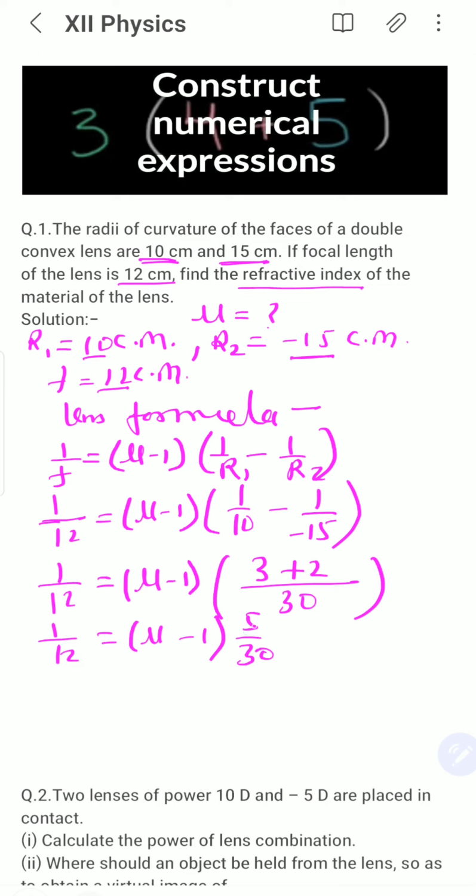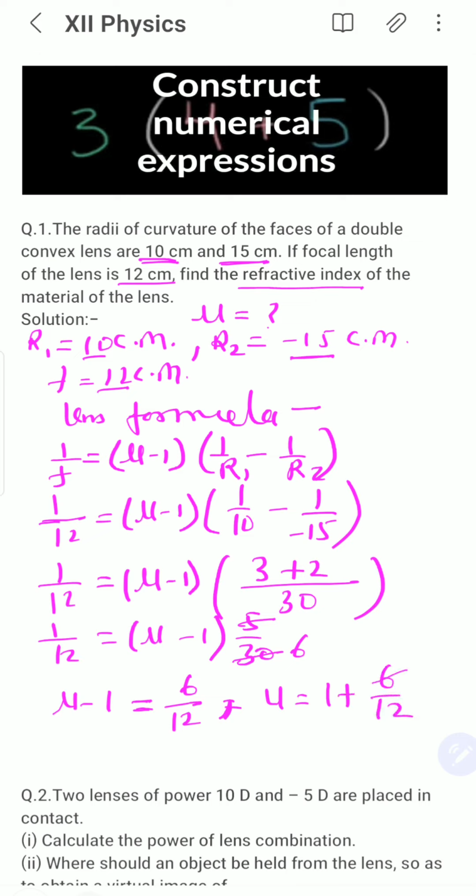So the 5 will be cut like this, and we will get that mu minus 1 is equal to 6 upon 12. So we will definitely get a value after this process. Mu is equal to 1 plus 6 upon 12.